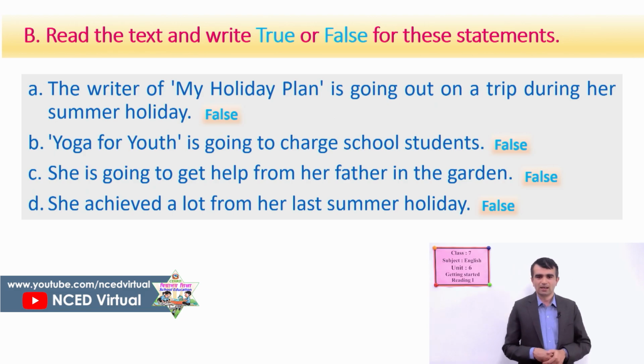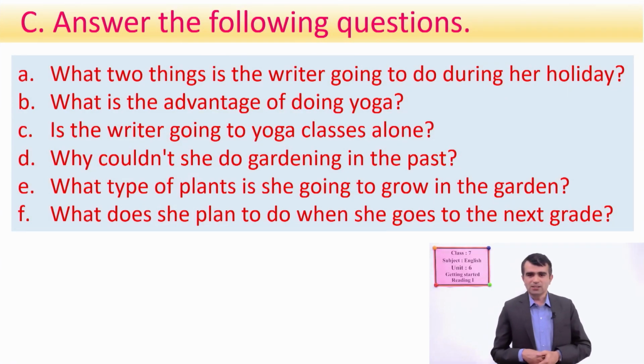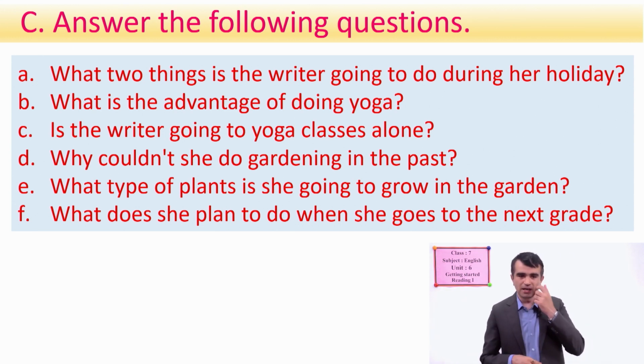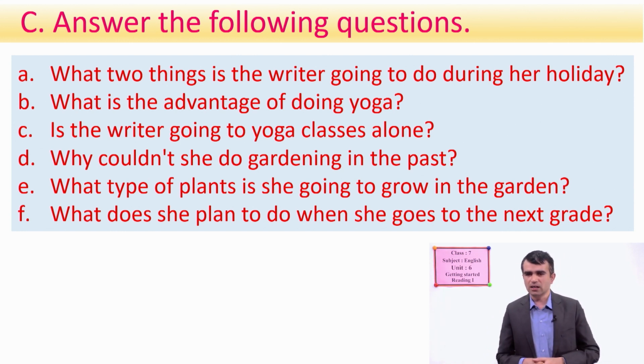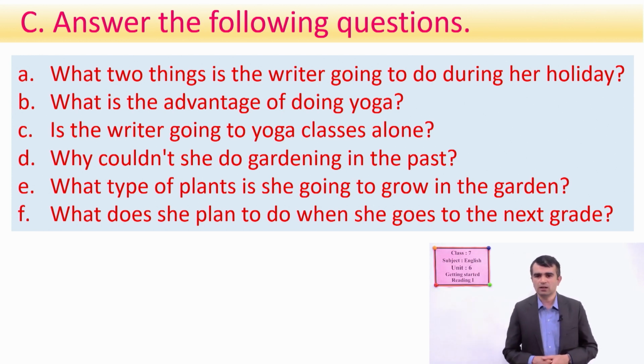Okay. Now another exercise, exercise C. Please come to it. Well, answer the following questions. Okay. Now the questions from A to F. Number A, what two things is the writer going to do during her holiday? B, what is the advantage of doing yoga?